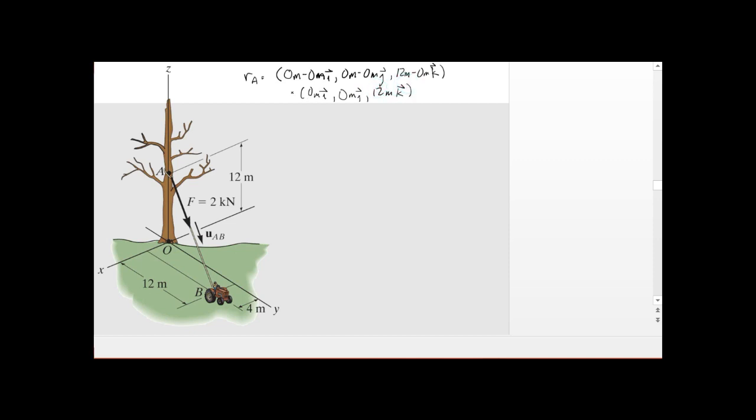Okay, so this is RA. Now, if we want to calculate F, we're going to have to take the coordinates of B and subtract from the coordinates of A. So let's do that. So that will be RAB.